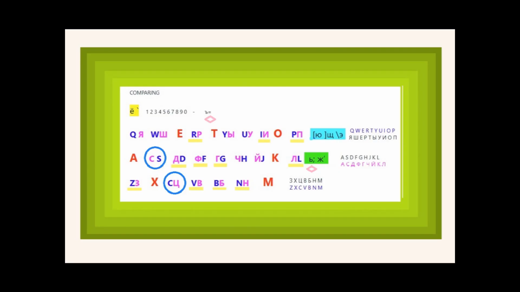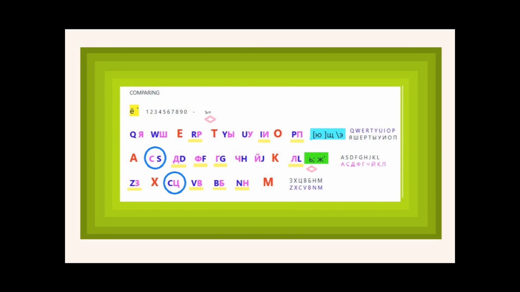The next is the very obvious red color K, Russian К. And the next, L, we explained already. And in the third row, on the bottom, we have Z, Russian З. The next red H, Russian Х, Latin alphabet.